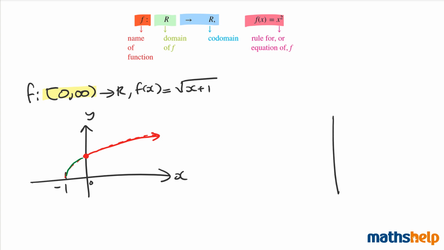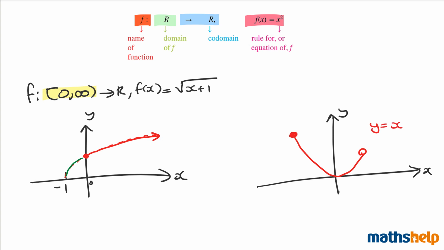Another example is if you're given a graph, and let's say this is the function y equals x squared, and this is 2 and this is minus 4.